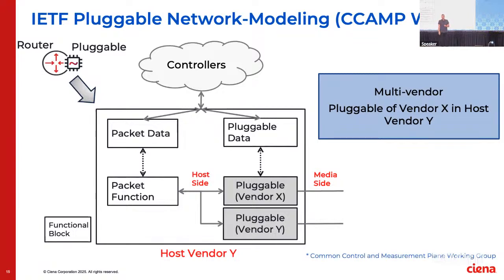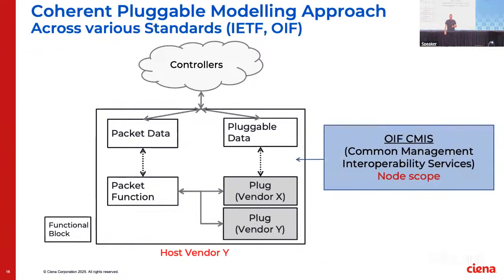So, media side, host side, we talked about that one. The relationship inside the router is defined by CMIS, from OIF. OIF is the organization which is defining CMIS. We talked about that a few minutes ago.